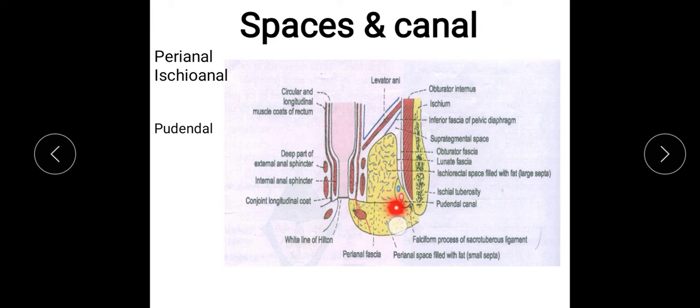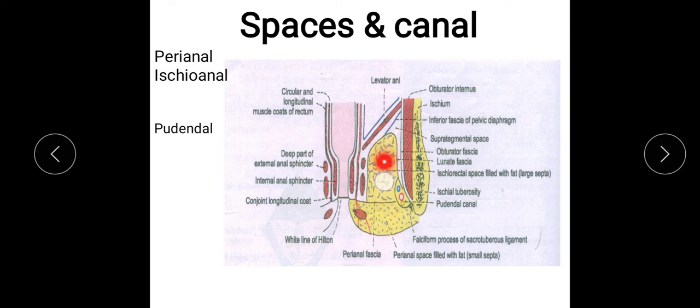This is the pudendal canal. The fat in the perianal space is tightly arranged in small loculi. Therefore, infection in this space is very painful due to tension caused by the swelling.